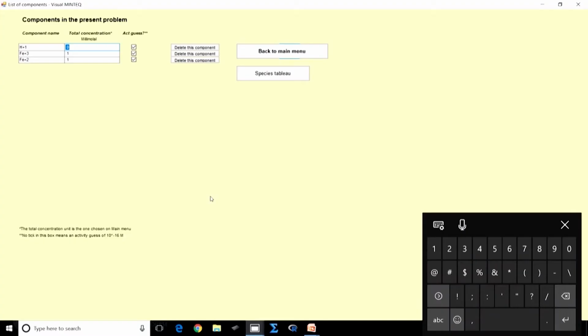So in general for the charge balance too, let's assume that we provided FeCl3 as the source of Fe3+, and let's say ferrous sulfate as the source of the ferrous iron. Let me go back to the main menu.